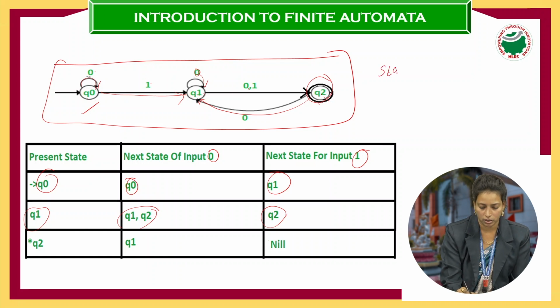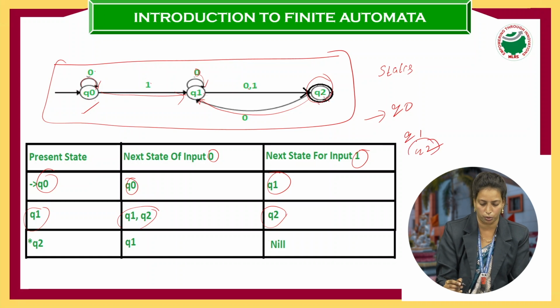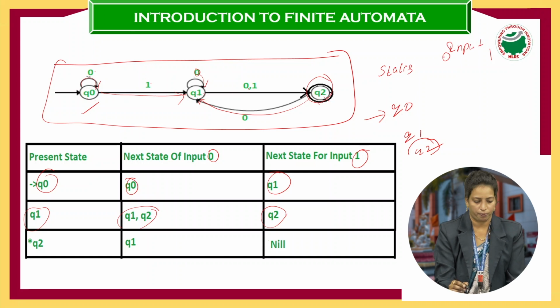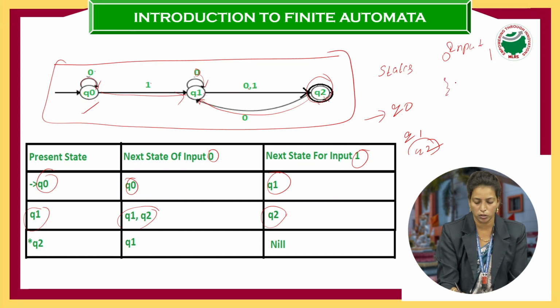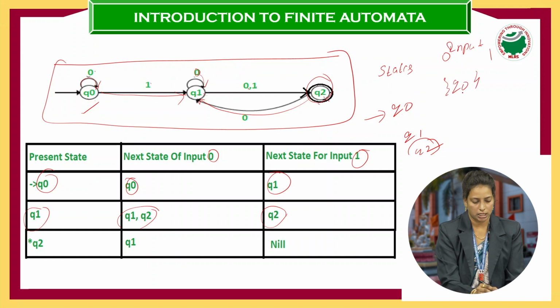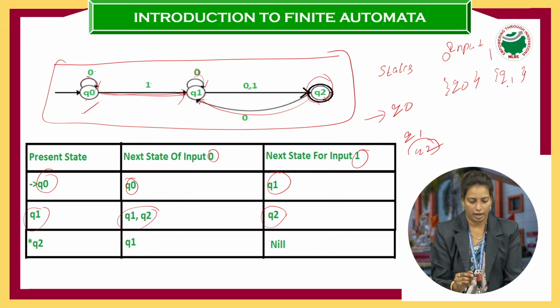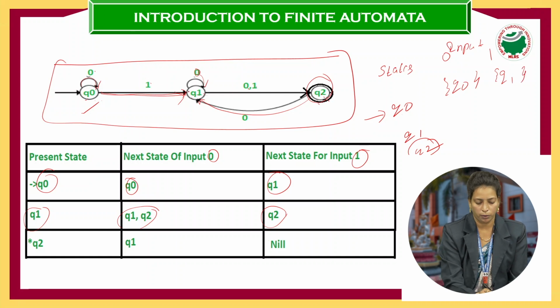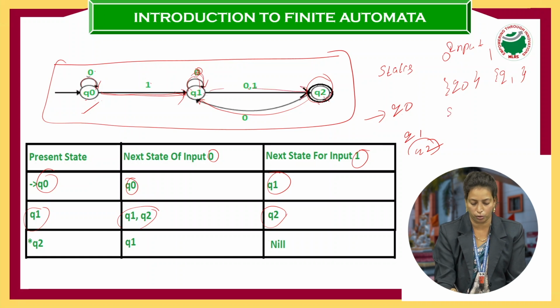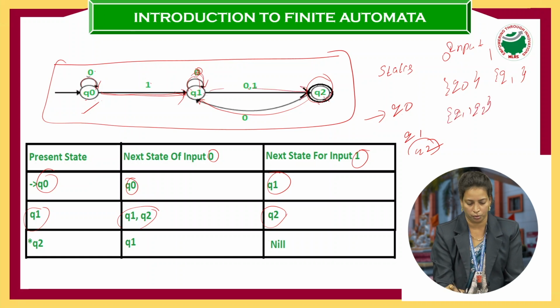Here, using this transition diagram, I draw the transition table. The states are Q0, Q1, Q2. The initial state is Q0, the final state is Q2. The input alphabets are 0, 1. Q0 of 0 goes to Q0 only. Q0 of 1 goes to Q1. Q1 of 0 moves to Q1 and also to Q2, so Q1, Q2.